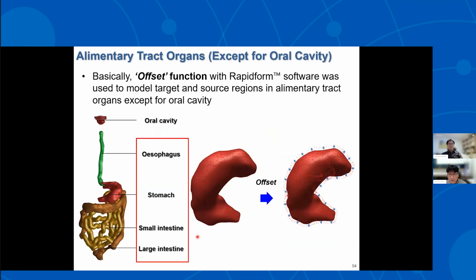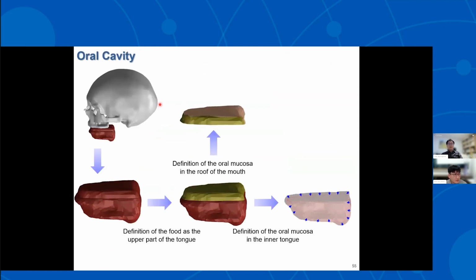Basically, like the skin, we also use the offset function using the RapidForm software to model the target and source regions in all of the alimentary tract organs, except the oral cavity. The oral cavity is geometrically complicated, and therefore we need a more complex procedure to define target and source regions.